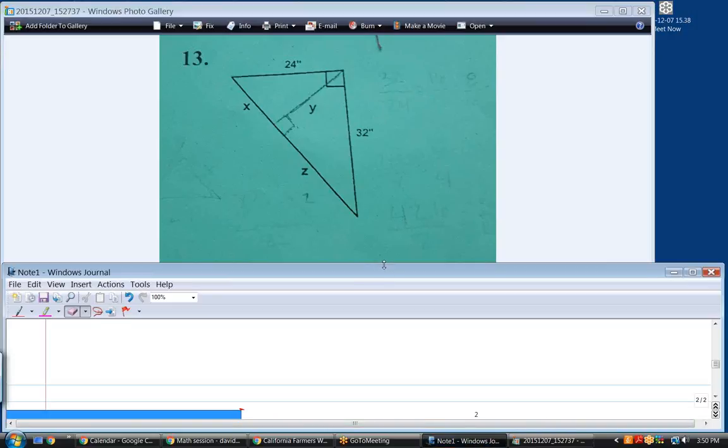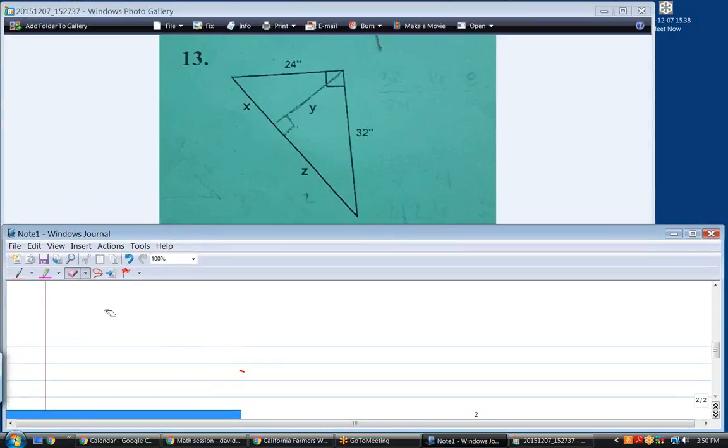There is a particularly neat thing that happens that they must have taught you about. Otherwise, I don't think we'd be looking at this triangle.